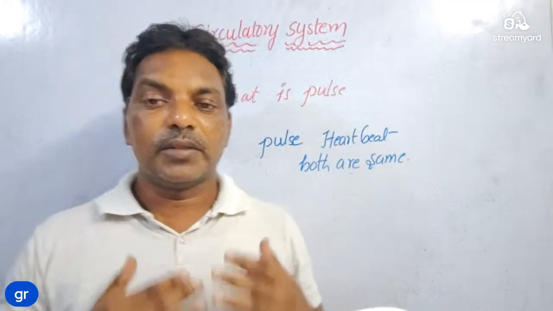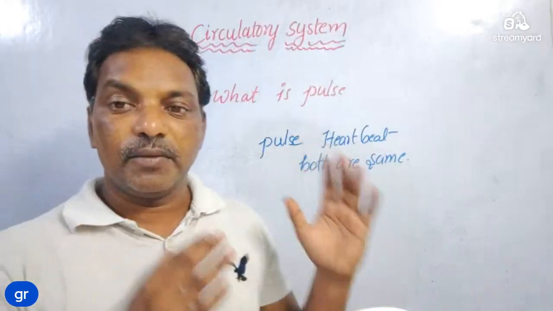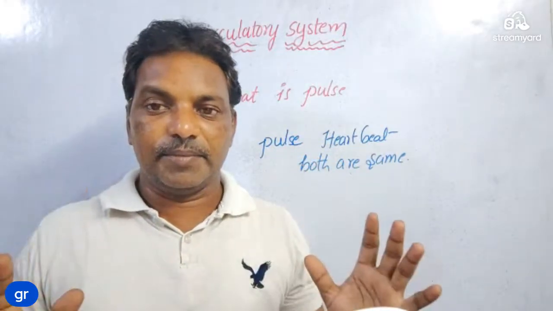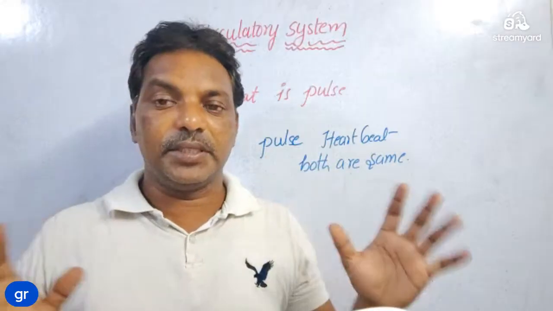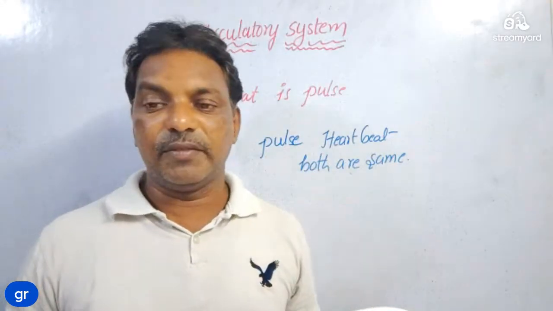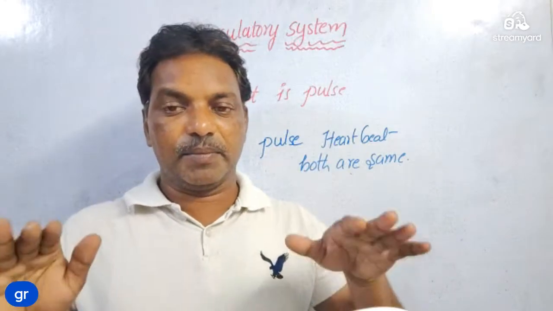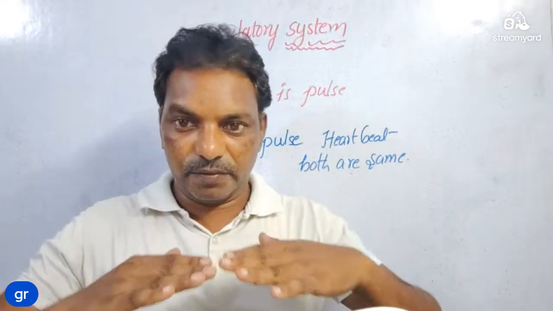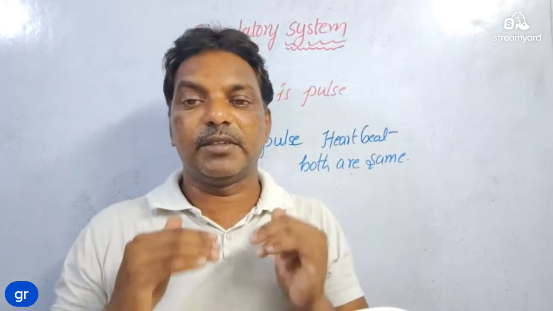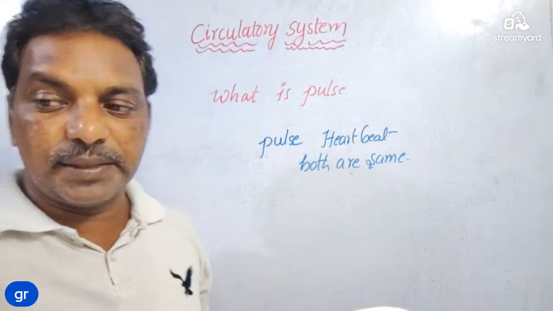So we have to find the normal pulse rate, that is, when we are relaxed, without doing any strenuous exercise or hard work. After running, if we test it, our pulse rate will be more, but that is not the correct pulse rate. So when we are free, we find our exact pulse rate per minute.